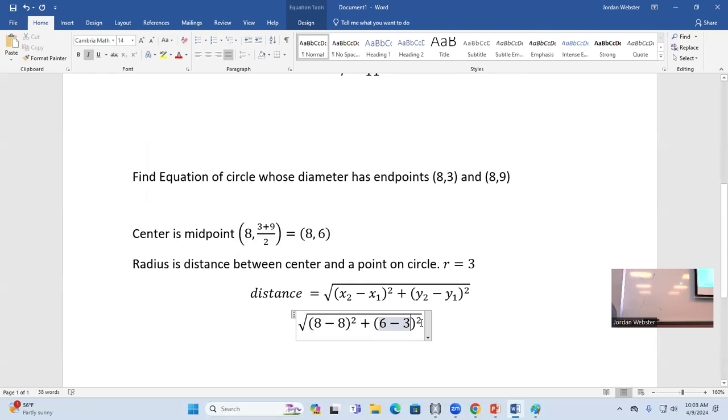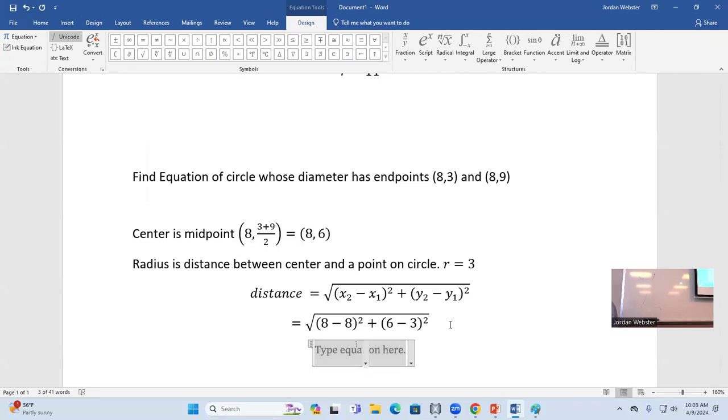You're going to get 3 squared there. This one's going to become 0. And you just end up with the square root of 3 squared, which is obviously just 3. So if you wanted to use the distance formula, obviously this one's easy just to see, oh yeah, distance is 3 from this center to the ends.